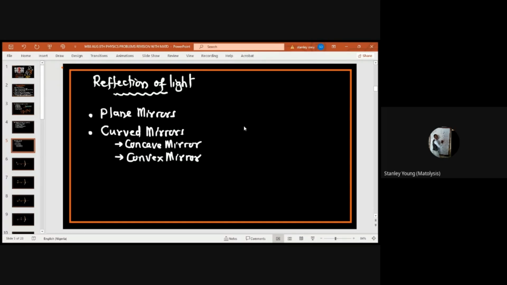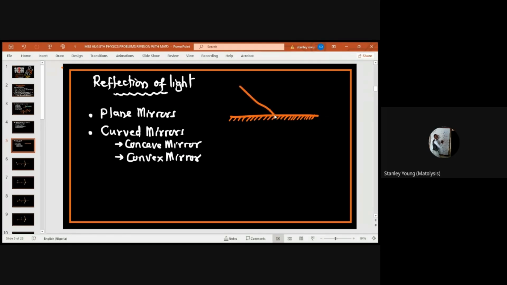So for us to examine the reflection of light, it is best studied with plane mirrors and curved mirrors. So a plane mirror is just a glass that is coated at one end, usually with silver. So that makes the other end, or the uncoated end, highly reflective.